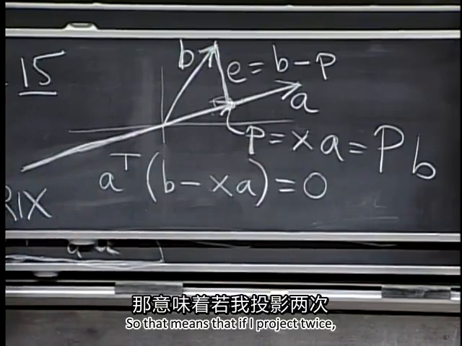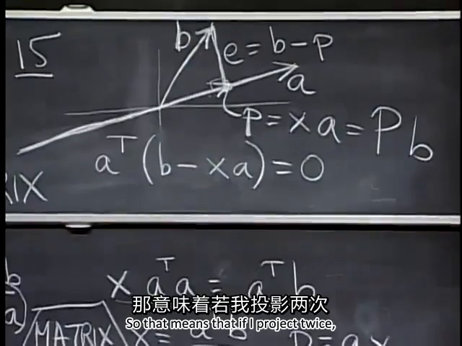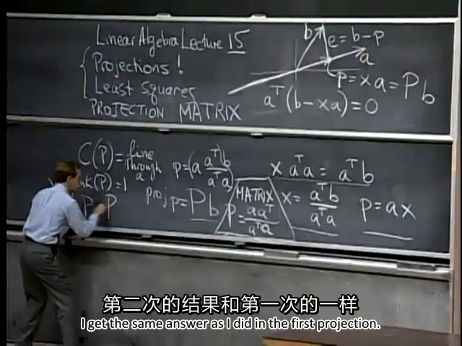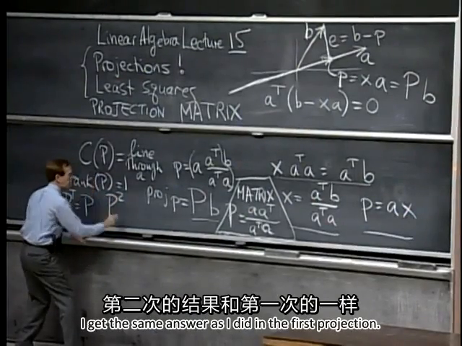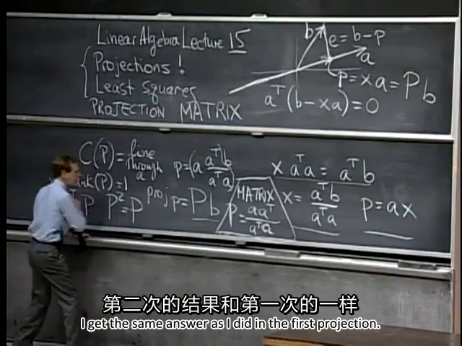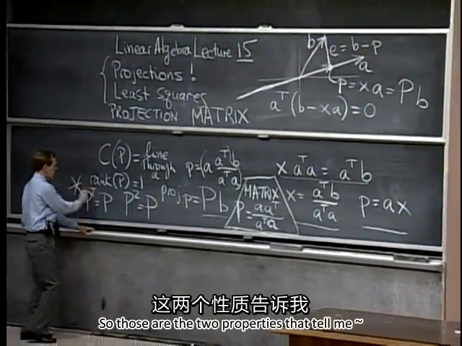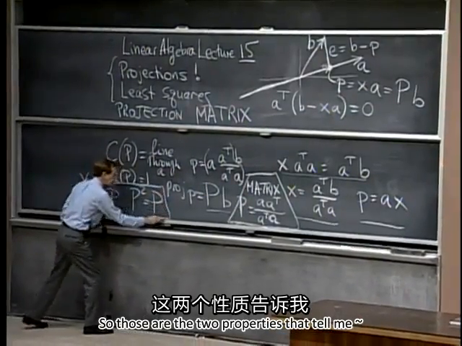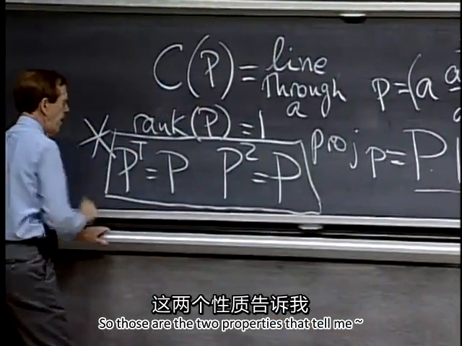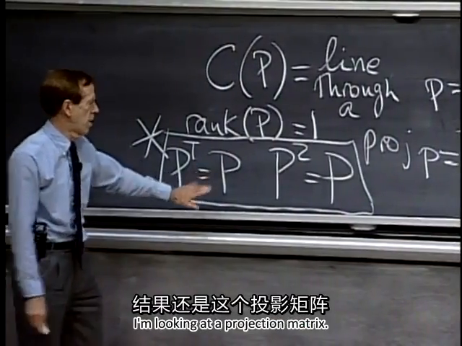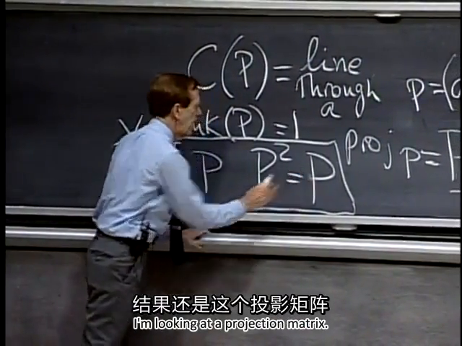So that means that if I project twice, I get the same answer as I did in the first projection. So those are the two properties that tell me I'm looking at a projection matrix.